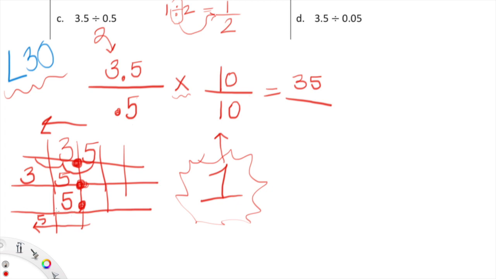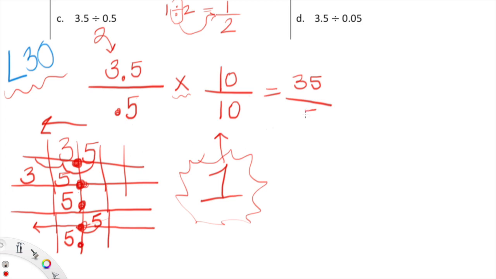I hope that some of you were screaming on the inside when I said that. Let's try that again. When we multiply 0.5 by 10, it's going to hop over 1 place value and become 5. So 0.5 times 10 is 5 ones.